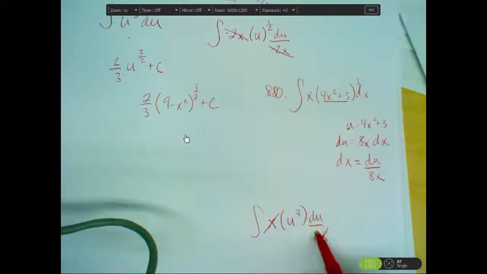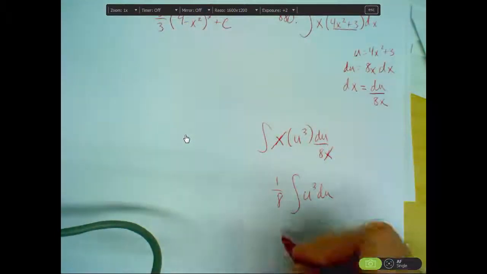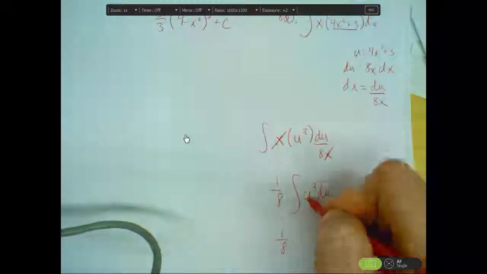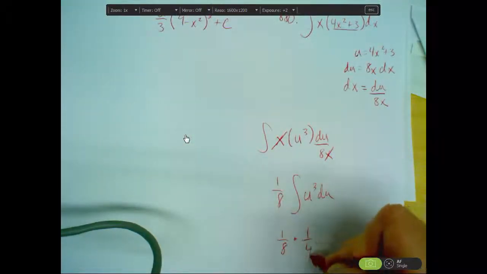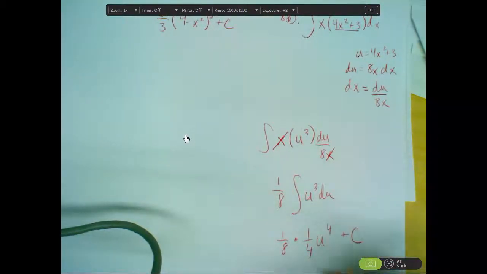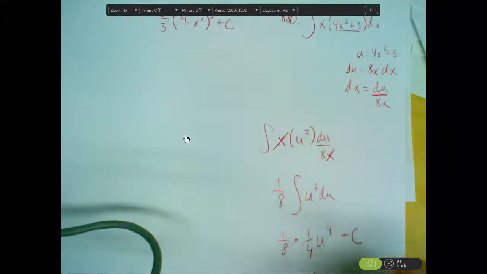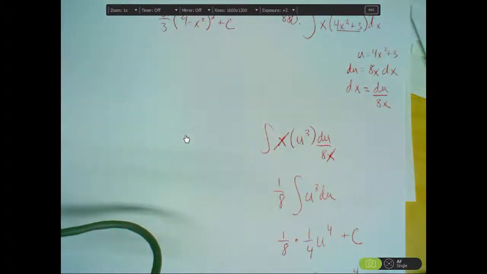This is really 1/8, right? So I can put the 1/8 out in front, the integral of u cubed du. So now I have 1/8 times 1/4 u to the 4th, that's the antiderivative of u cubed, plus c. This gives me 1/32. Replace u with what we picked, 4x squared plus 3 to the 4th plus c.